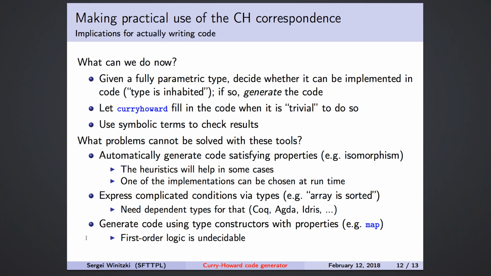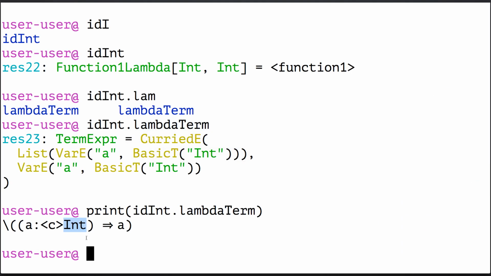I started playing with automatic type class generation in cats, but it cannot do function types, for example. So you cannot derive a functor for reader monad because it's a function type. Now, CurryHoward can. So you can automatically derive type class instances, but you cannot automatically prove laws.